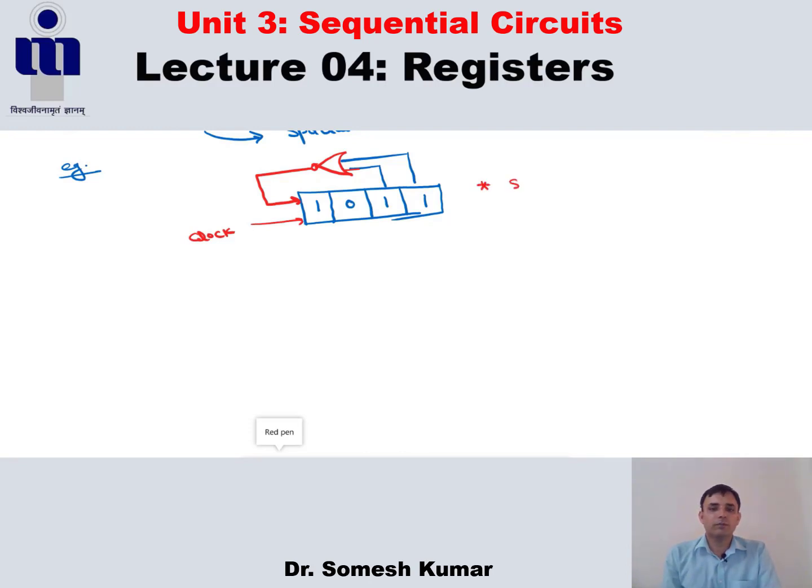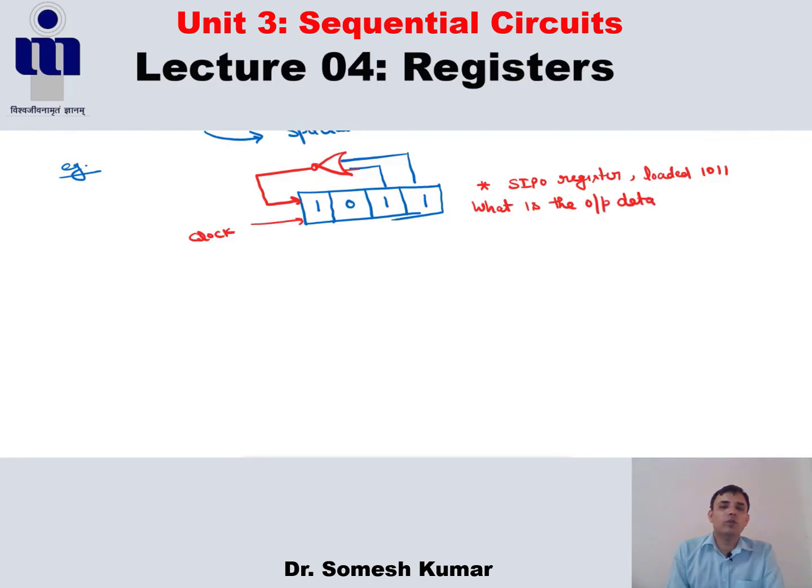This is our PIPO register, and initially it is loaded with 1011 data. So the question is: what is the output data after 3 clock pulses? We have to find the output data after 3 clock pulses.